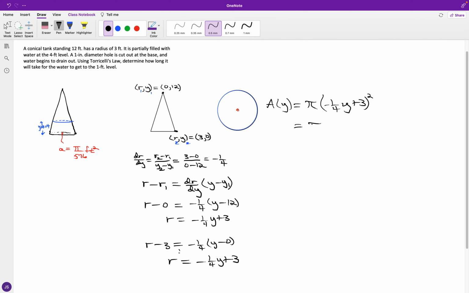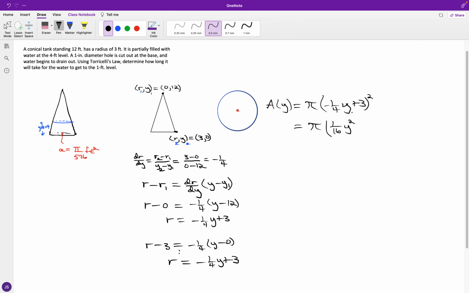and going ahead and squaring out, so you're going to have pi times 1/16 of y squared. Outside and inside product, we have negative 3/4 of y minus 3/4 of y, so this will be minus 3/2 of y plus 9.